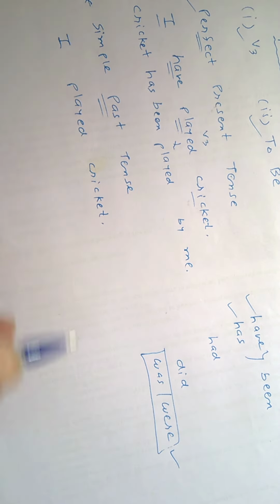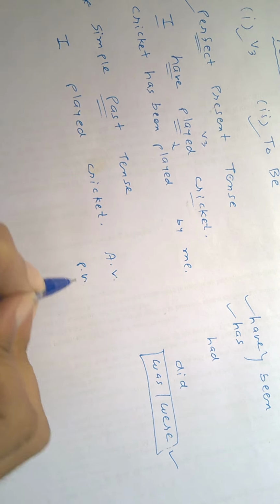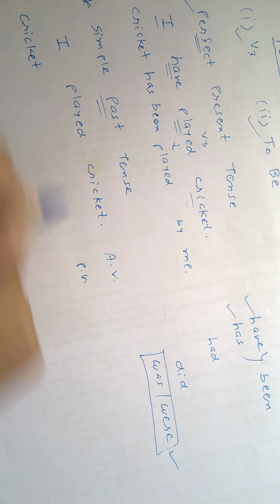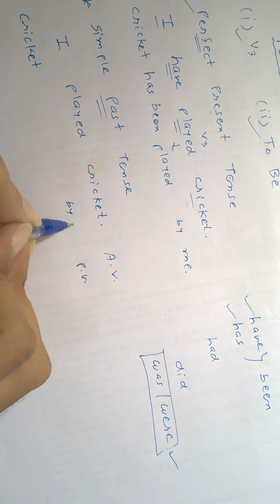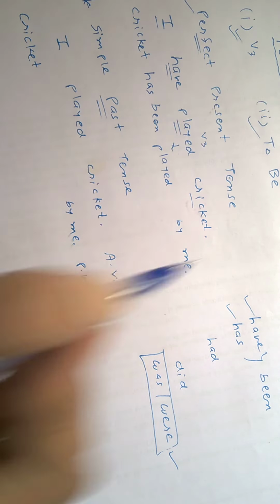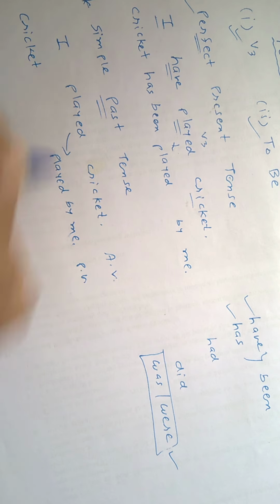So now we will do passive voice from active voice. So again object and subject, we will exchange them. Then as per our technique, first we will use the V3 form, that is played.